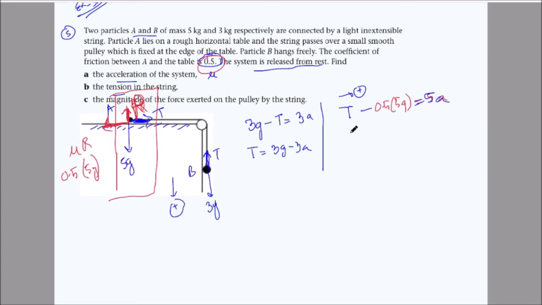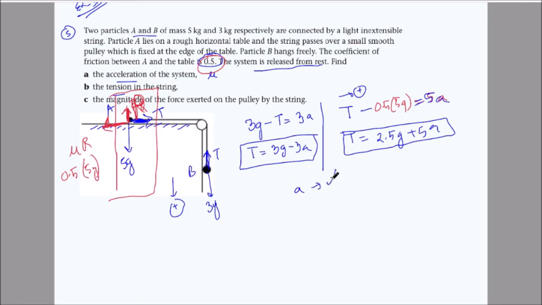If you make T the subject, it's 2.5g plus 5a. So this is equation 1, that's equation 2. If I equate them and solve, I will get the value for a. If you substitute a into the given equation, then eventually you will get the value for tension. So that's part A and part B.